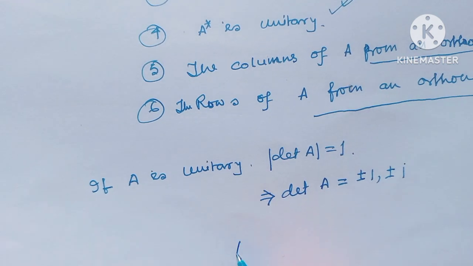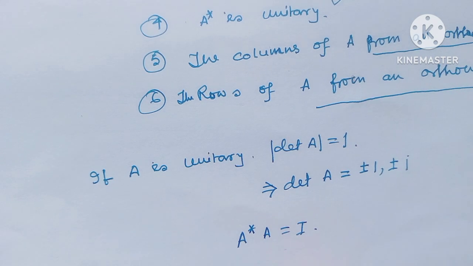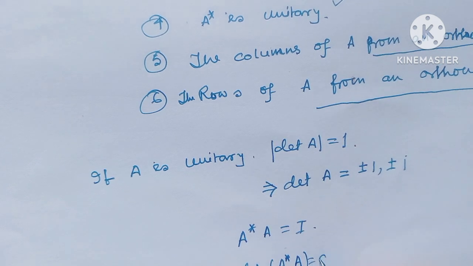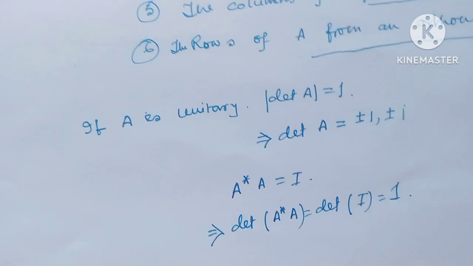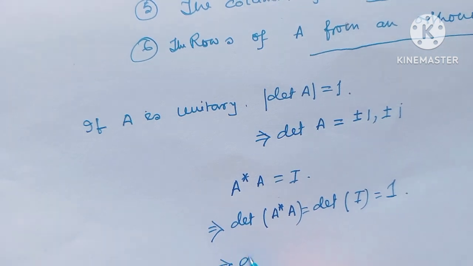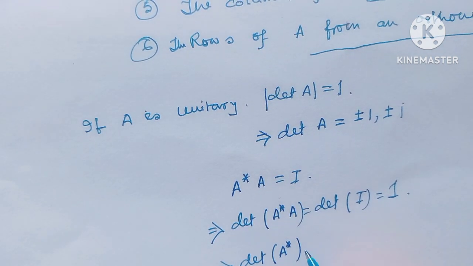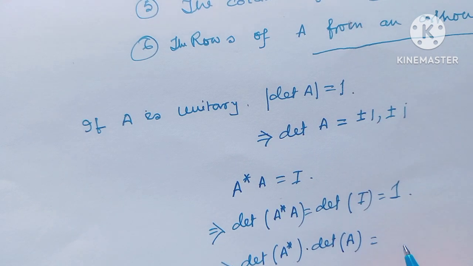This is because A is unitary, that means A star A equals identity. If we apply determinant on both sides, this is equal to 1, and this means determinant of A star times determinant of A equals 1.